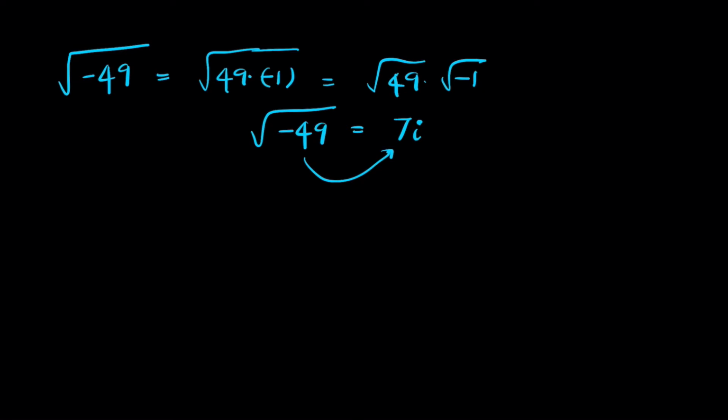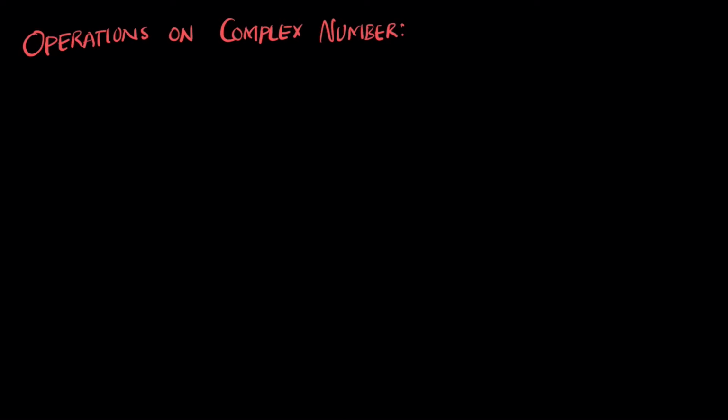Now this brings us to the next topic, operations on complex numbers. Let's say we are trying to add two complex numbers, a plus bi and c plus di.